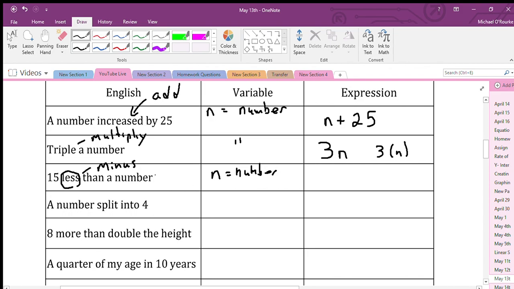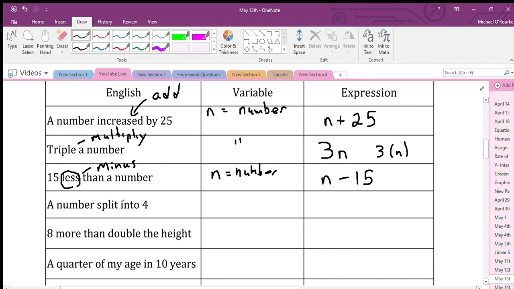So 15 less than a number. We're going to go backwards. It'll be n minus 15, because it's 15 less than a number, n minus 15.